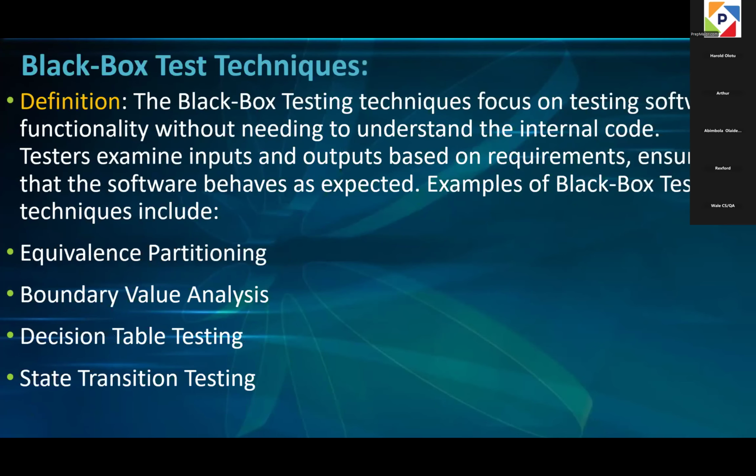So let's define, at a high level, what black box test techniques are. Black box testing techniques focus on testing software functionality without needing to understand the internal code. Testers examine inputs and outputs based on requirements, ensuring that the software behaves as expected.